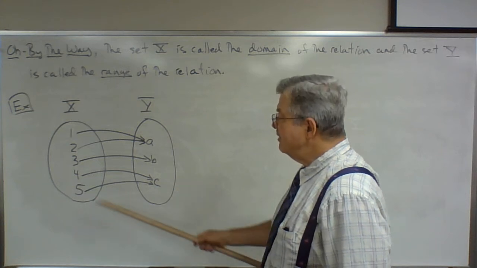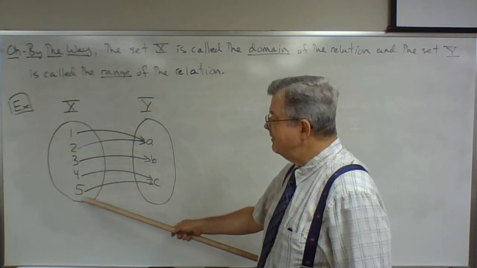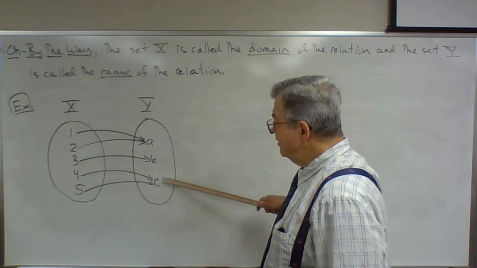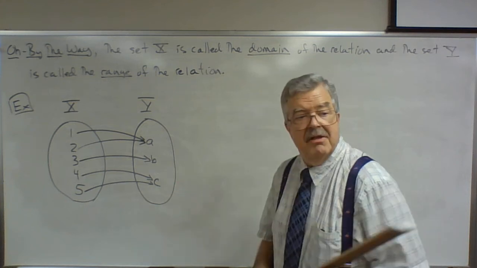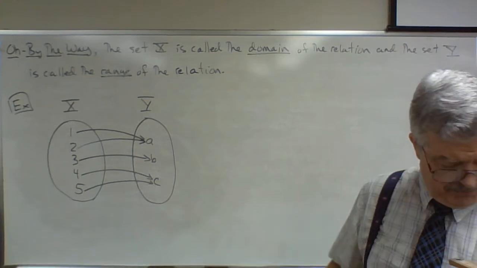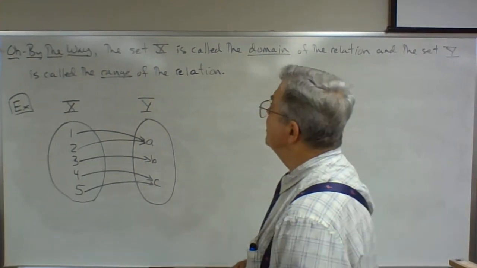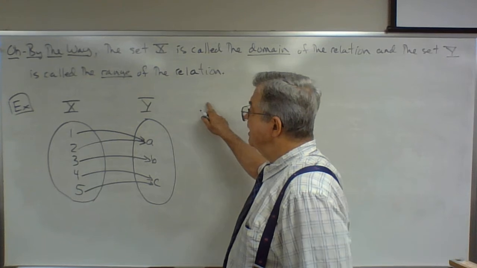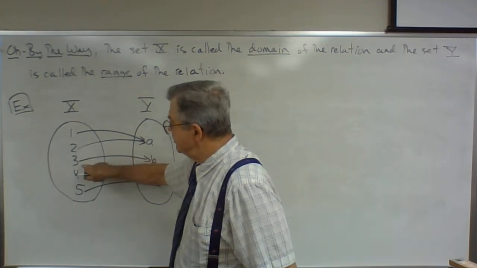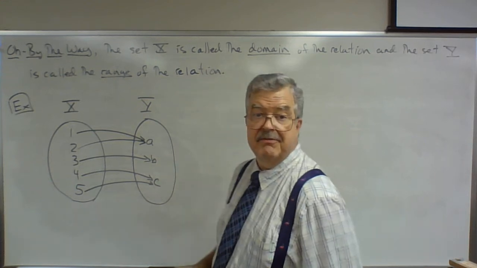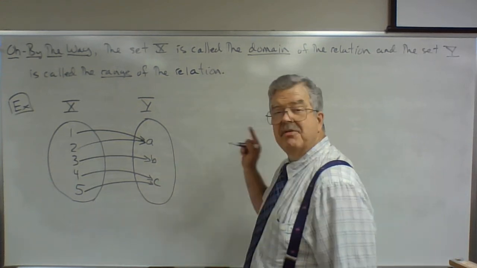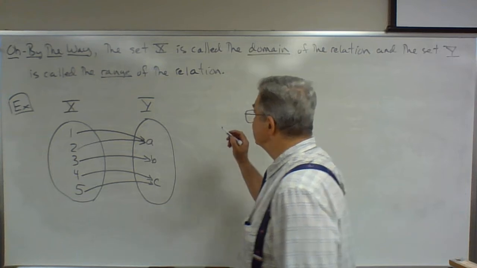And it doesn't matter that both elements 4 and 5 in the domain are assigned the same element C in the range. So it is a fact that this rule assigns to every element in the domain at least one element from the range. So this is a relation.